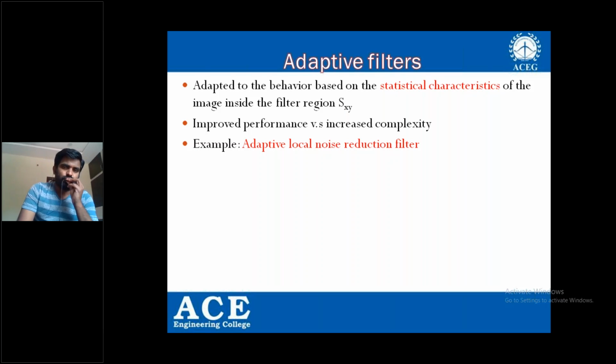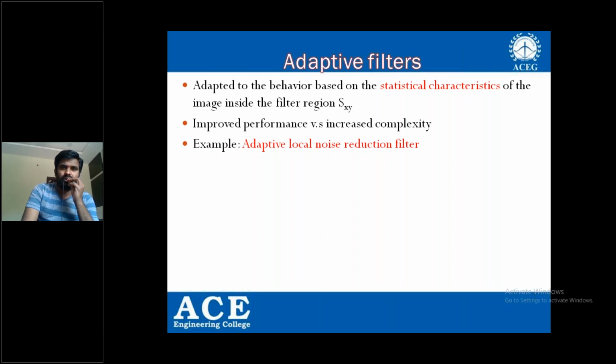Now adaptive filters. In fact you don't have this in your curriculum, but for your understanding I am giving some discussion on adaptive filters. Basically, adaptive filters adapt their behavior based on the statistical characteristics of the image inside the region.